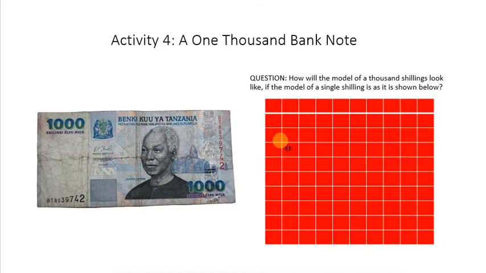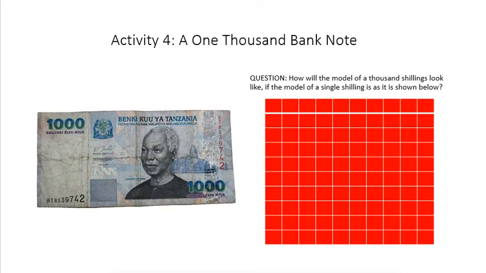In a single shilling there are 100 cents. That is why there are 100 shaded cells here. Now think and construct a single model for this 1,000 shillings note. Again, pause your video, and move around the class to discuss with others.